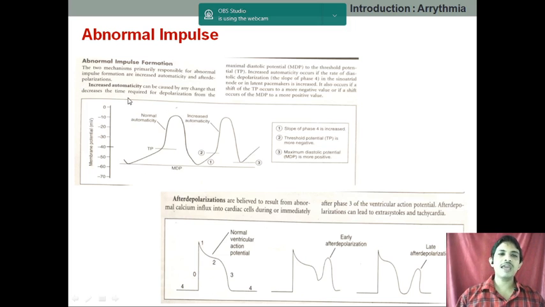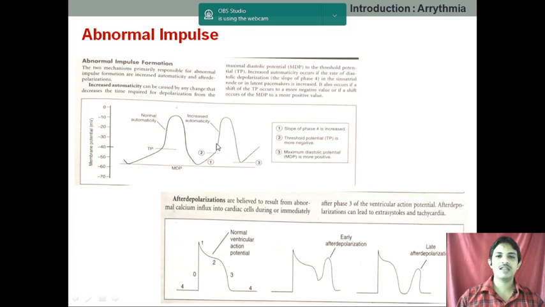Now, coming to increased automaticity, it can be caused by any decrease in the time for depolarization. What does it mean? Here, this is the threshold potential. The action potential starts, and this is the normal automaticity, and here is the increased automaticity.